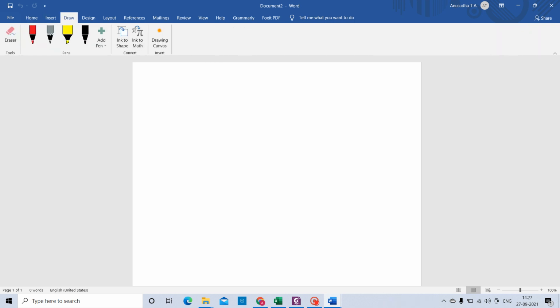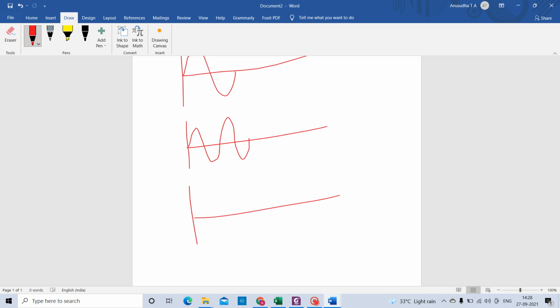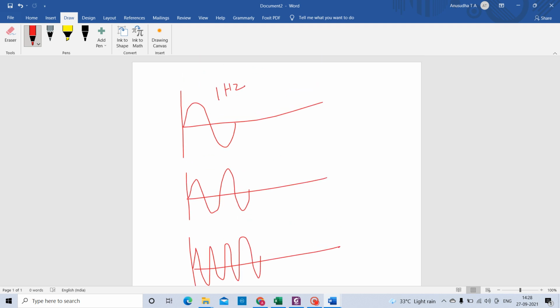See here, this is a 1 hertz sinusoidal signal. We will take a 2 hertz sinusoidal signal, and similarly a 4 hertz sinusoidal signal. These are three different types of signals with different frequencies. My main objective is to determine, at a particular frequency, what the amplitude is, or at a particular time, what the amplitude is.